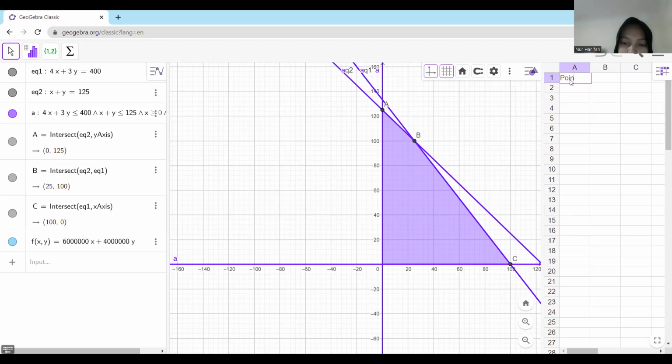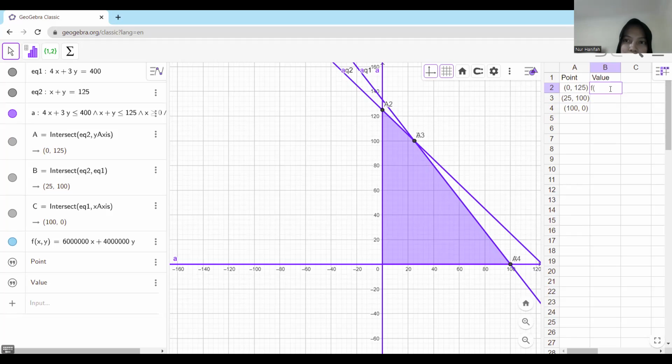Here are the points and then the values. Point A is 0,125, point B is 25,100, and also point C is 100,0. And this is the value. We substitute the points into the objective function.